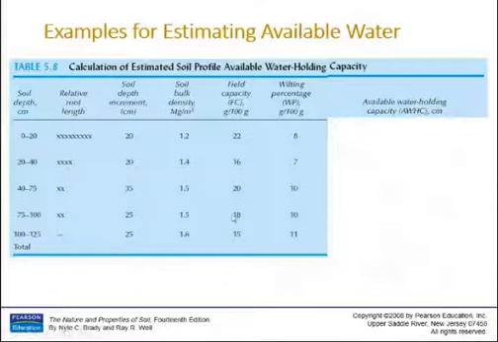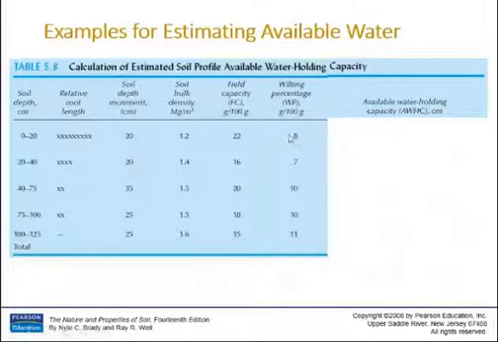We have the data of the depth, the bulk density, the field capacity, and the wilting point. How can we calculate the depth of the available water? Very easy. First, we calculate the available water content on a gravimetric basis. This is gravimetric moisture content: field capacity minus wilting point.